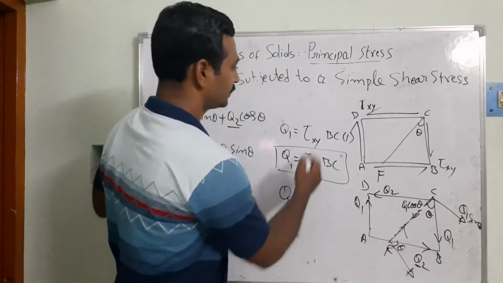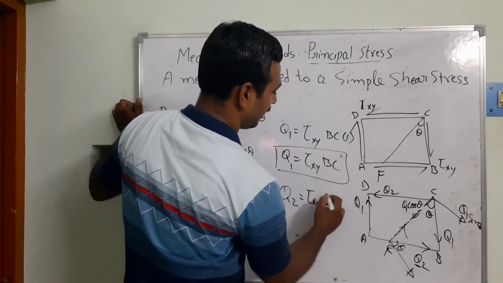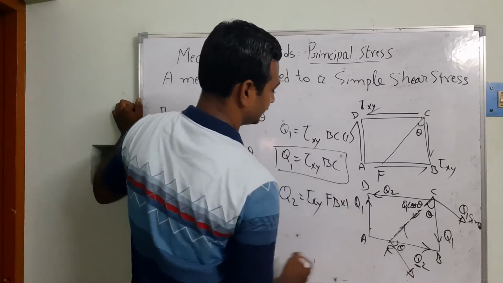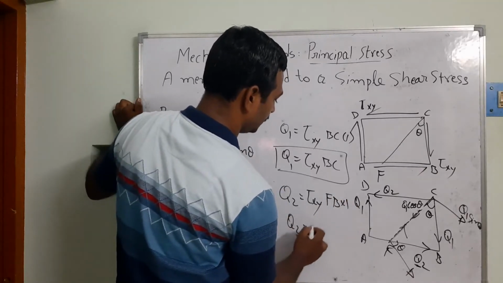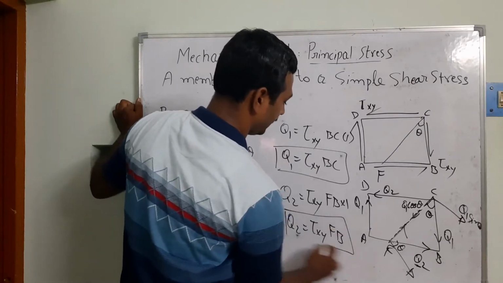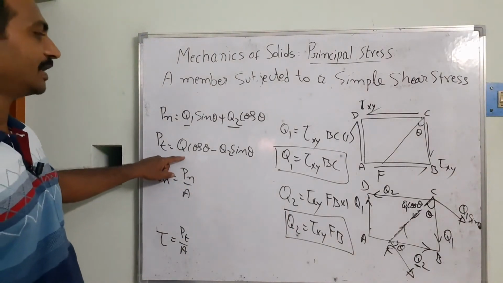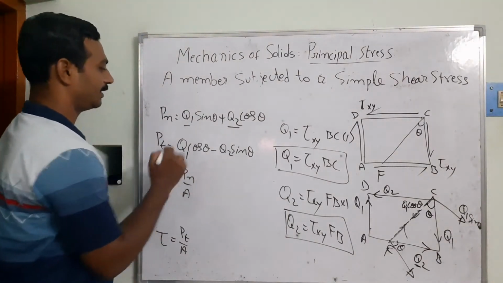So I take the tau xy, FB into unit thickness. Finally the Q2 is equal to tau xy FB. So once we have Q1 and Q2, I am going to substitute in this equation, so that I get the result over here.